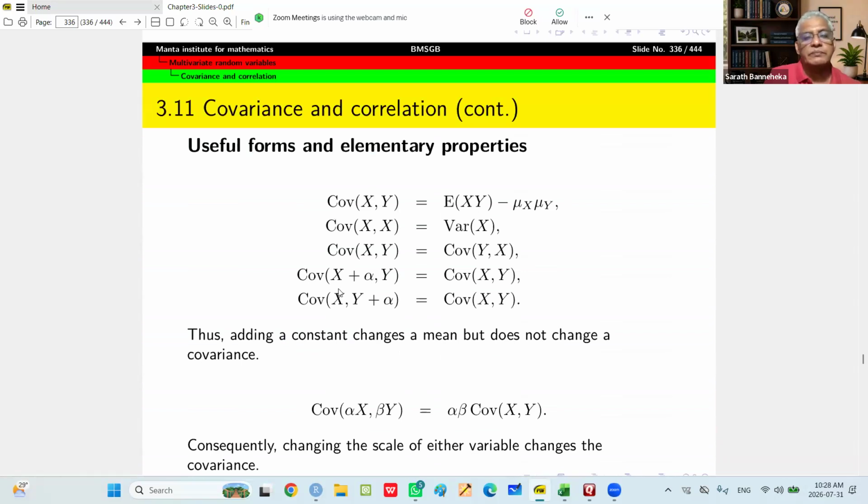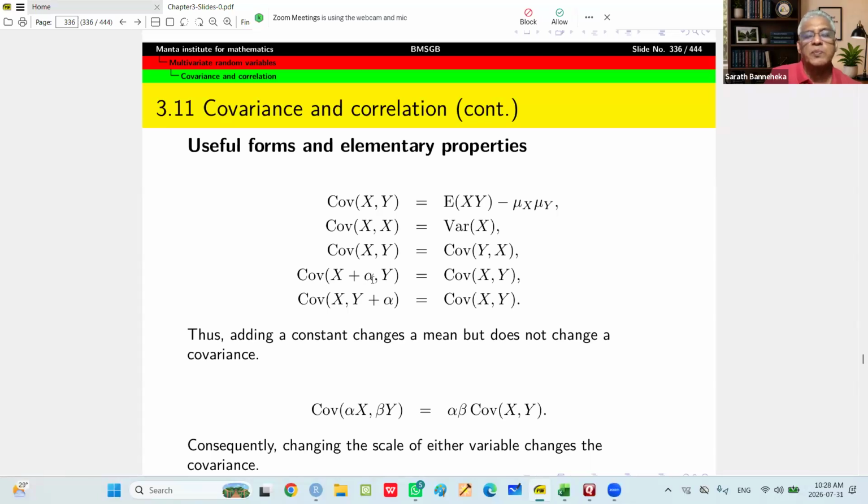And then, if you add a constant to one variable, or to the other variable also, for example, in general, here it is shown as two parts, but you can consider them simultaneously.